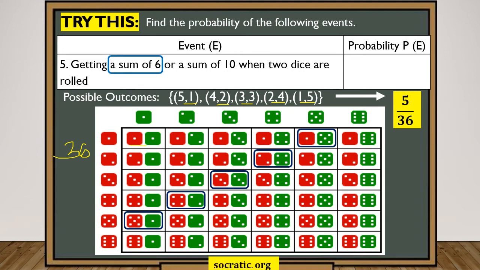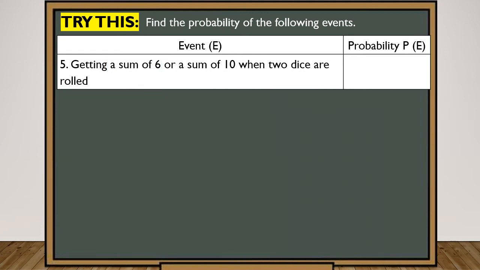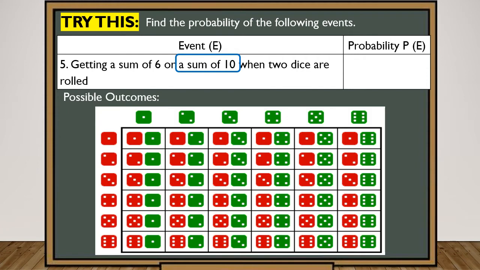How about the sum of 10? We will identify the sum of 10. Again, from the possible outcomes, we identify those that add up to 10. So we have 6 4, 5 5, 4 6, and nothing less, nothing more.